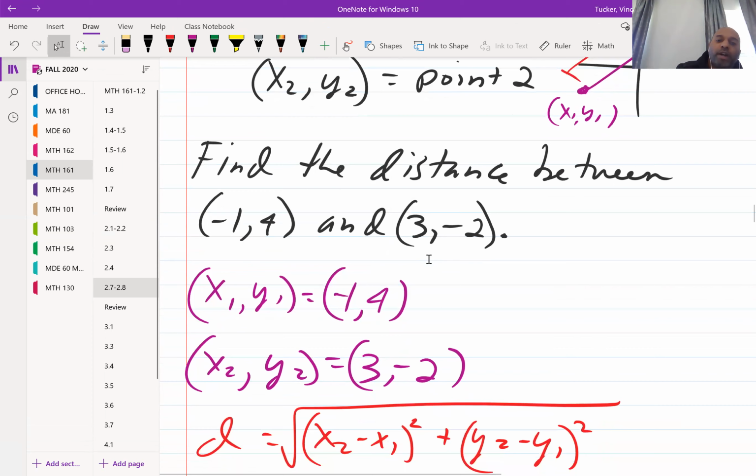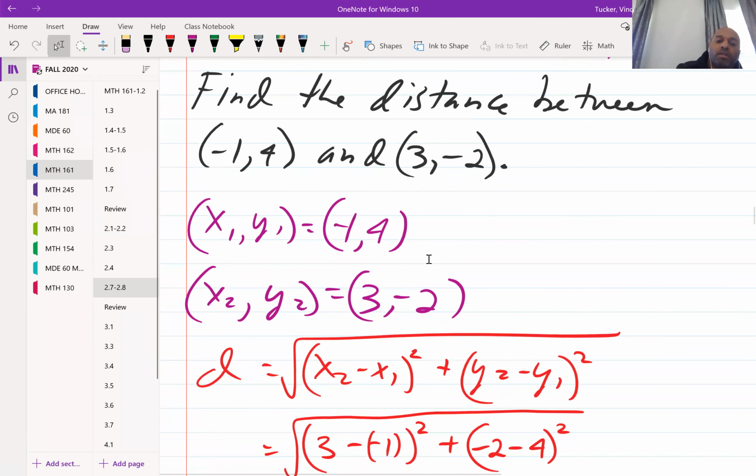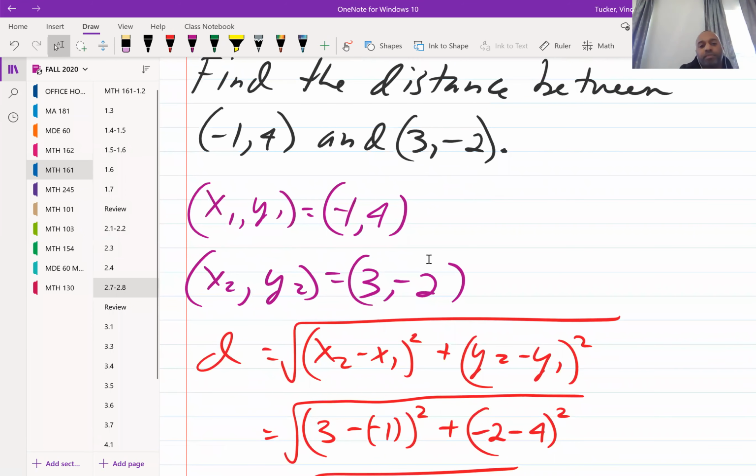So we plug those values in accordingly. X2 is 3, x1 is -1. Make sure you don't lose a negative in your substitution. Be careful with that. Y2 is -2. Y1 is 4.